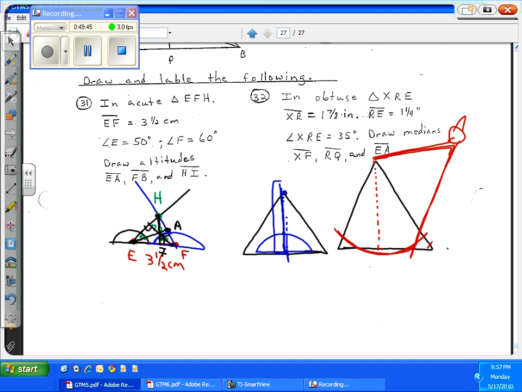And then you would make an arc. So it can't be so long that you miss those other two vertices.